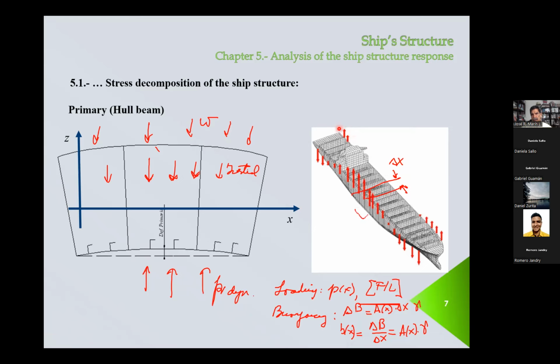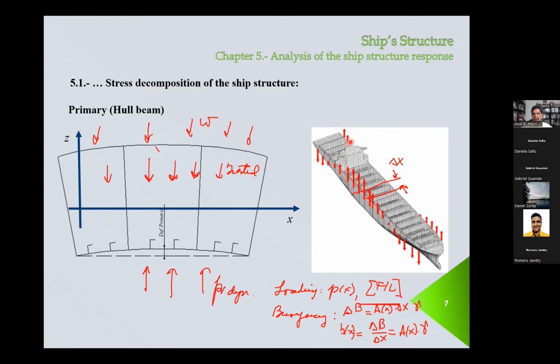Now, in this figure, people, take a quick look: this force here points upward, while this one here points downward. Similarly, on the forward end, this points upward, this downwards. And that's because in general, when we work with the primary hull beam, we consider that this is a beam, but if the waves come from an oblique direction, there could be some difference in the port and starboard sides.